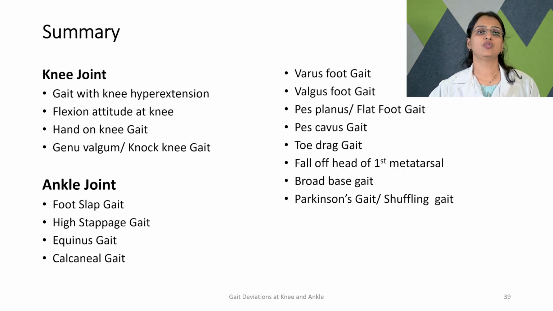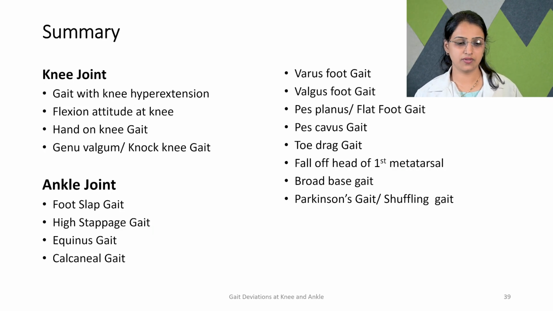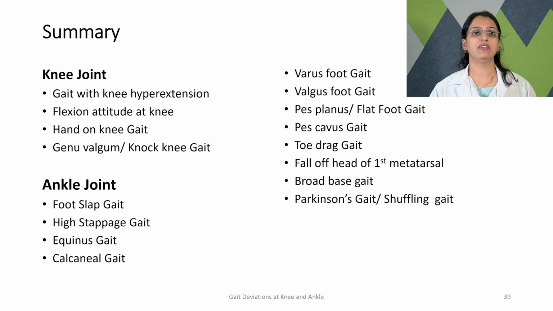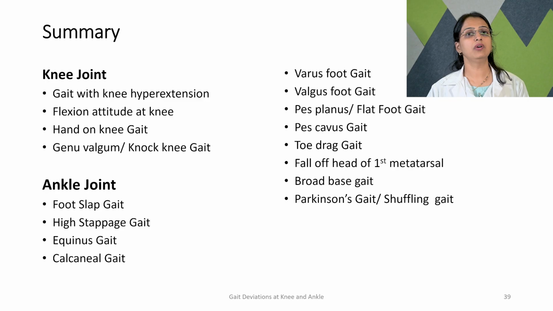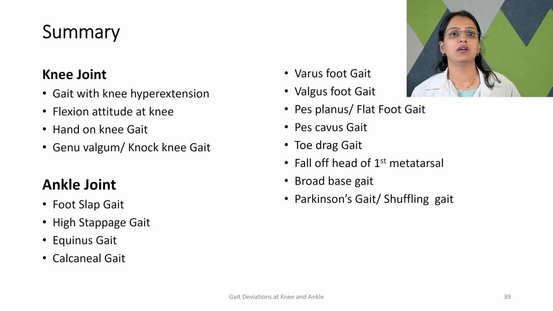So the summary is, today we have seen the different types of deviations which occur at the knee joint: the gait with knee hyperextension, gait with flexion attitude at the knee joint, hand on knee gait, and genu valgum or knock knee gait.